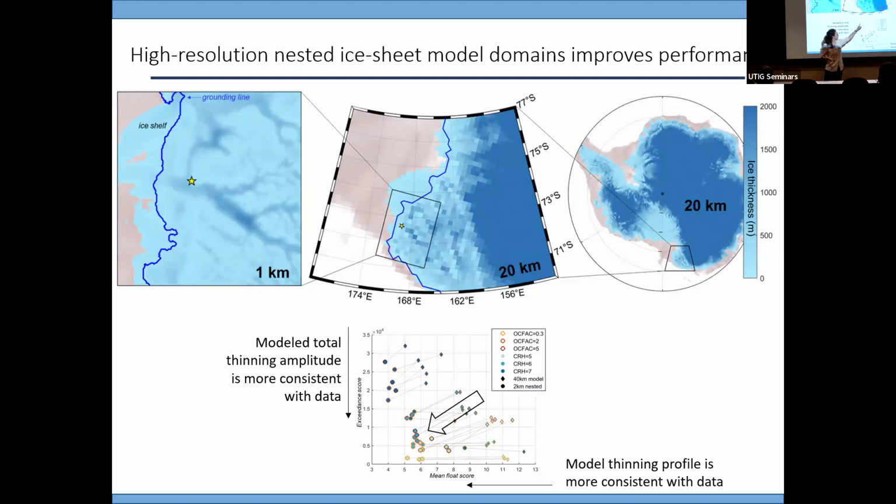The diamonds are the continent-wide model, and then the circles are scoring that same model but downscaled in these little postage stamps. This seems intuitive, right? But it's the proof of concept that when you downscale a model to a high resolution before even trying to compare the modeled thinning history with the observed thinning history, you do a lot better, right? We're actually resolving the glacial environments that occur.